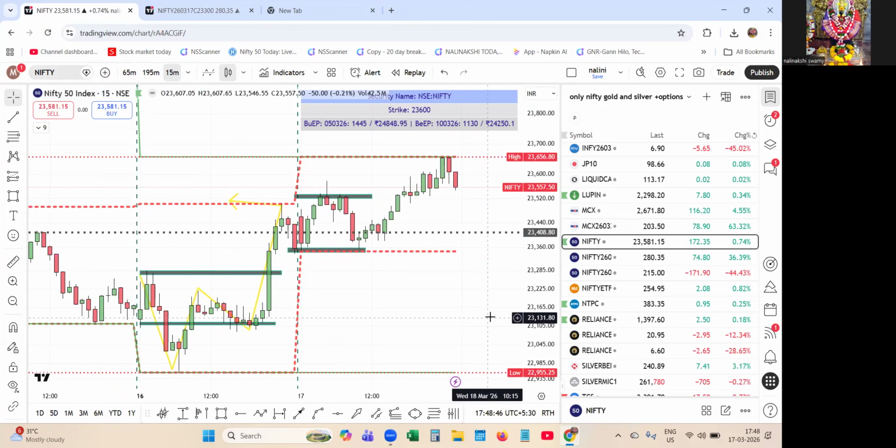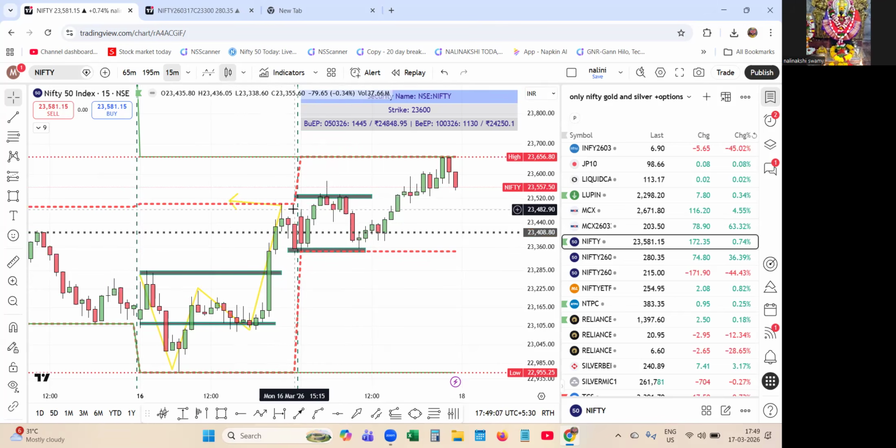Next step, once it is done, it becomes my foundation for the day. This is the foundation for the next day because price has moved higher.